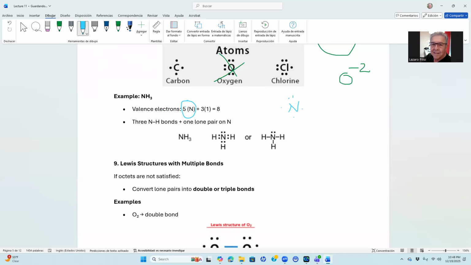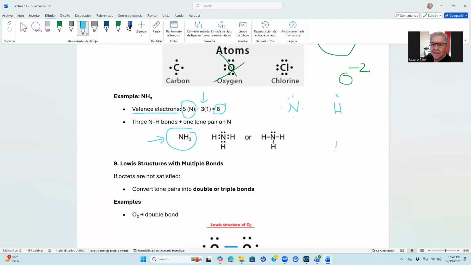Nitrogen has 5 valence electrons, and hydrogen has only 1. But as in the ammonia formula we have 3 hydrogens, we have to multiply by 3. Then how many valence electrons do we have in this compound? 8.